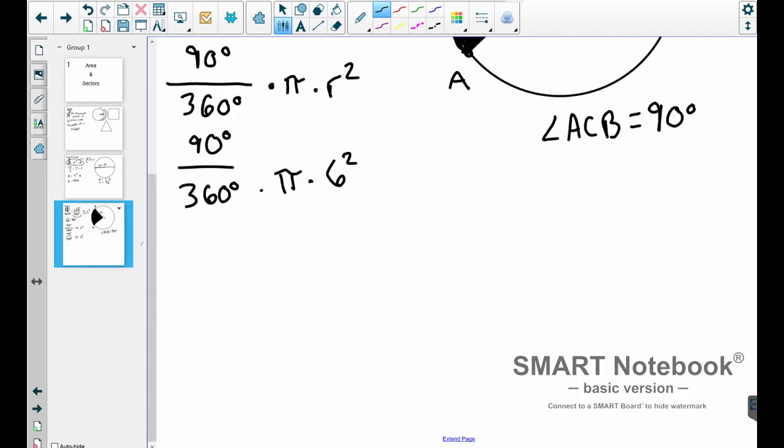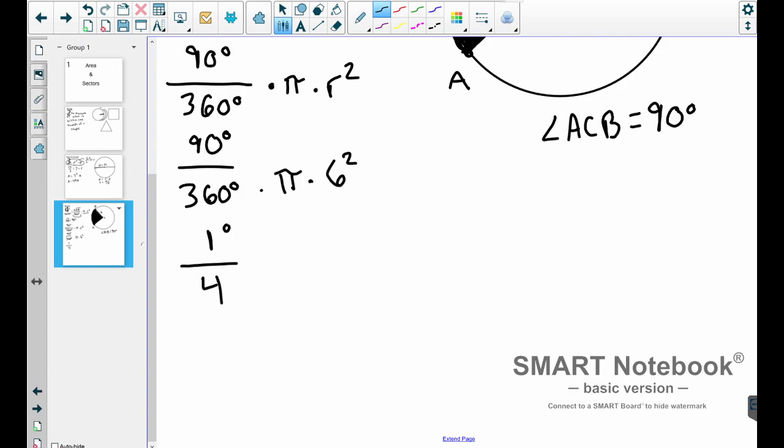Well, 90 over 360, that can be reduced, and that will help us to figure this out without having to use a calculator. By all means, use a calculator if you need one, but I think it's always best to do math without a calculator if you can. I'll just go ahead and tell you that 90 over 360 reduces to 1/4, because if you multiply 90 by 4, you get 360.